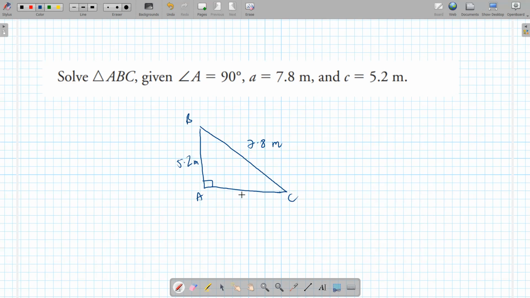How can we find this side length? Pythagorean theorem. So it's going to be the square root of 7.8 squared minus 5.2 squared, which is 5.81. How can we find angle C?